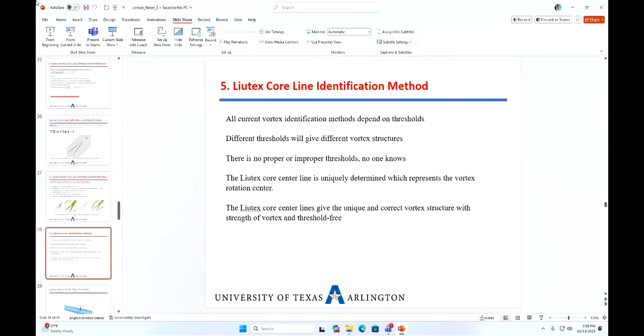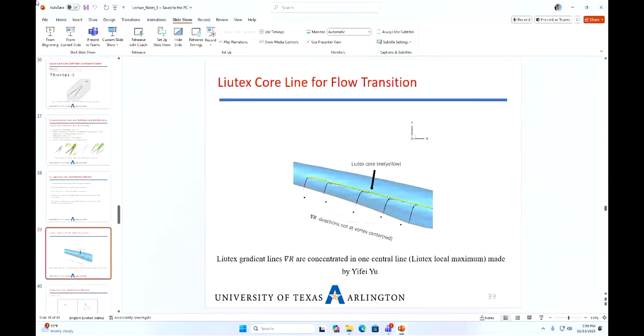The vortex core line gives the unique vortex structure, the only one, I think. Do we have a core line? We do. This is given by Dr. Yu, I think. This is the gradient of the vortex. You see, they do have a core, they do have a local maximum.